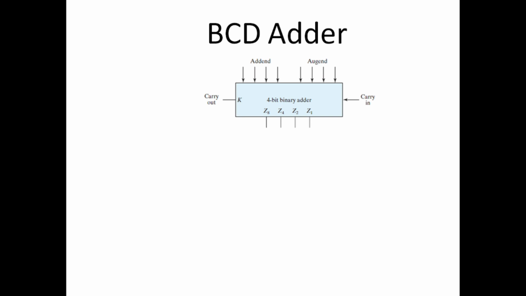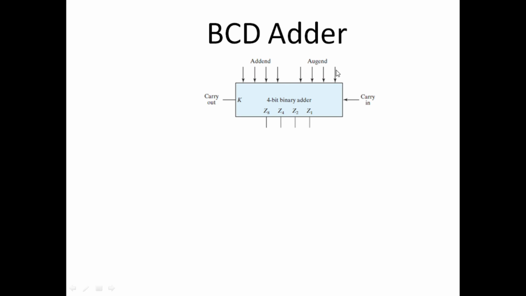This 4-bit binary adder takes one 4-bit binary number here and the other 4-bit binary number here. As BCD code is also 4-bit, we can assume that the first 4-bit number is the first BCD encoded digit, and the other 4-bit number is the other BCD digit.